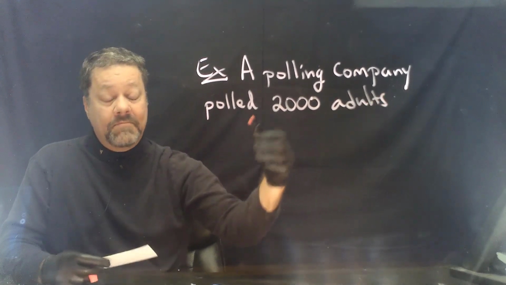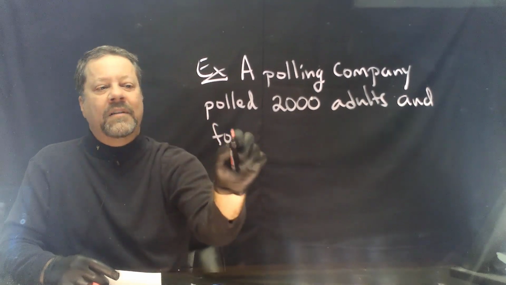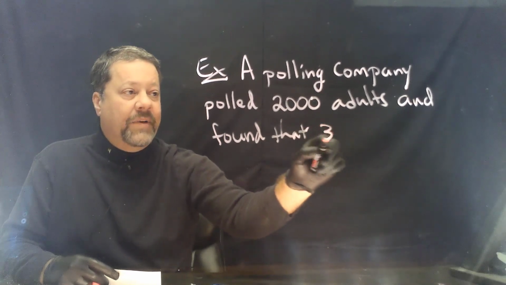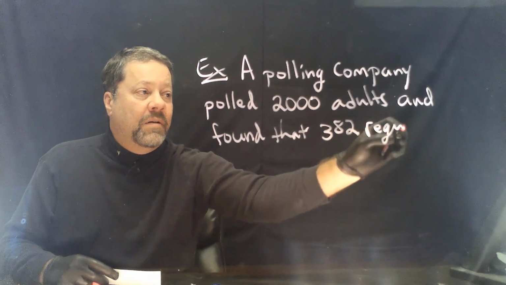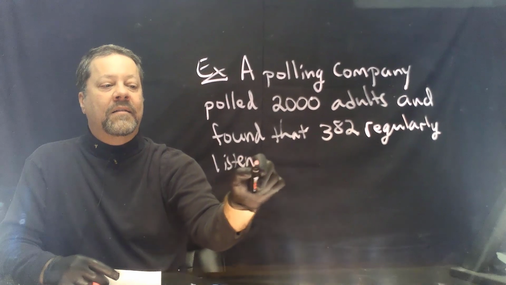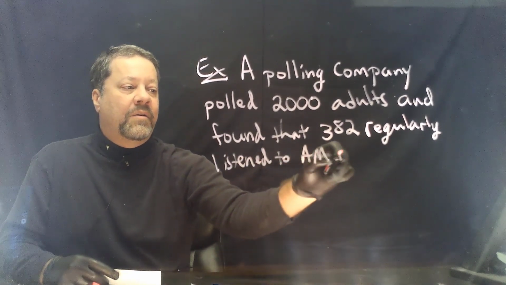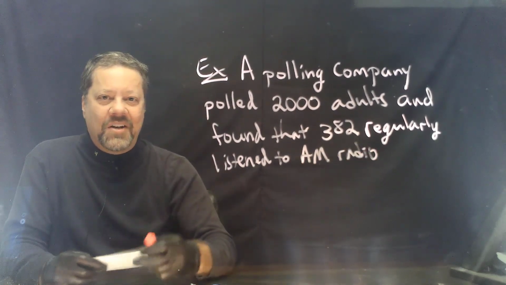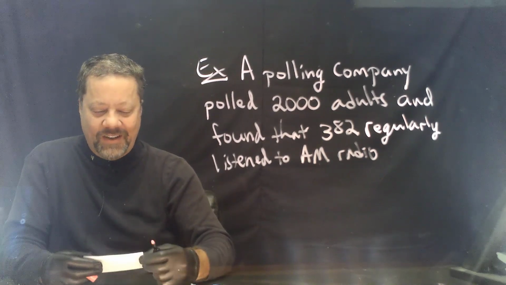That's the sample size, a very big sample size, and found that 382 regularly listened to AM radio. I guess for me it's guilty as charged. I'll listen to AM radio while I'm going to work or going home from work in the car.